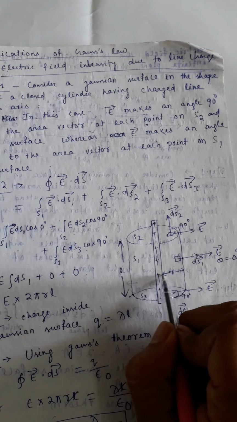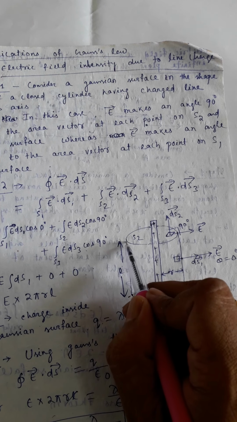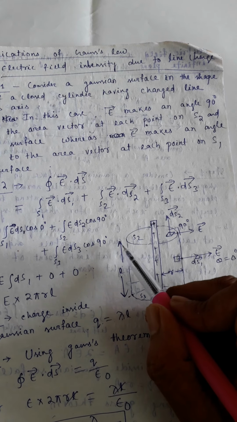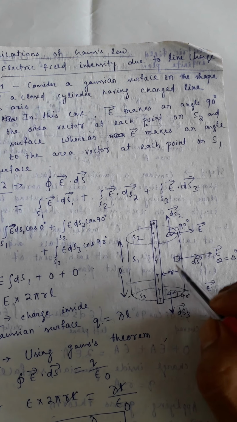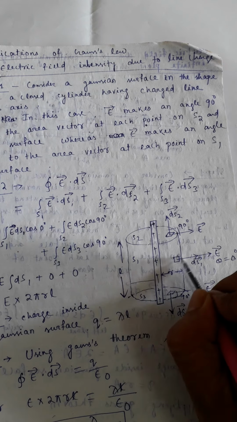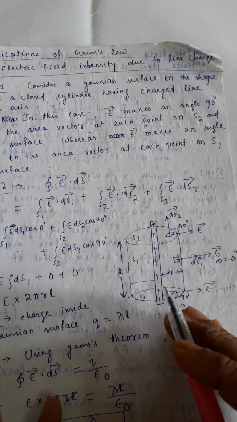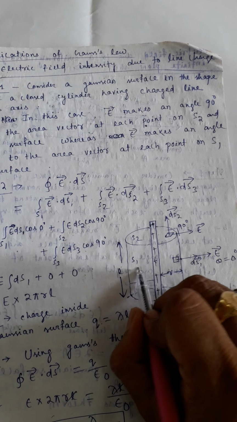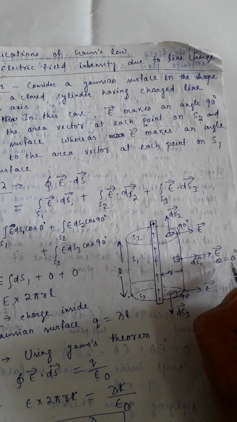If this is the radius, for symmetry we also have to draw a line here at the same radius, and it will be a closed cylinder where there are 3 surfaces. This is a curved surface, this is the upper surface, and this is the lower surface. If we consider each surface separately, for the curved surface the angle between E and ds vector is always 0.